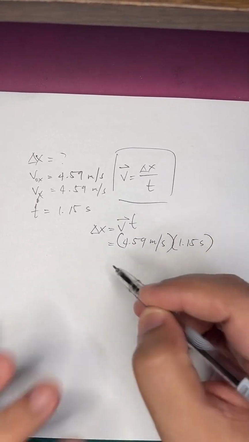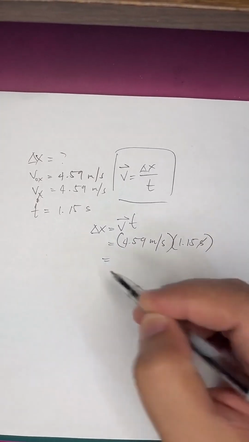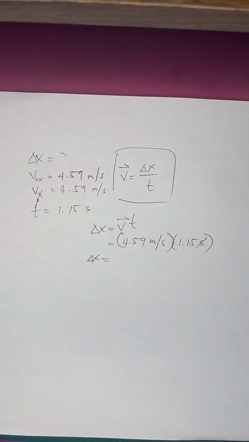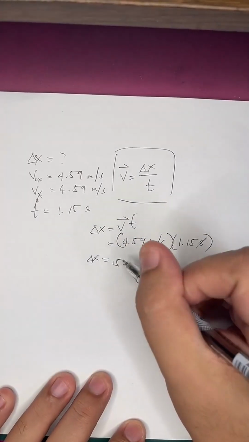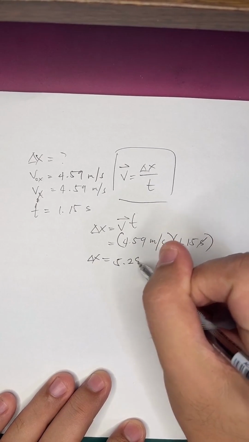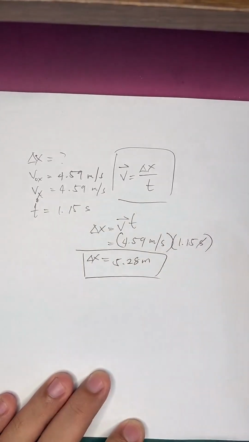And we'll find out that the player was how far? At 5.28 meters away from the hoop.